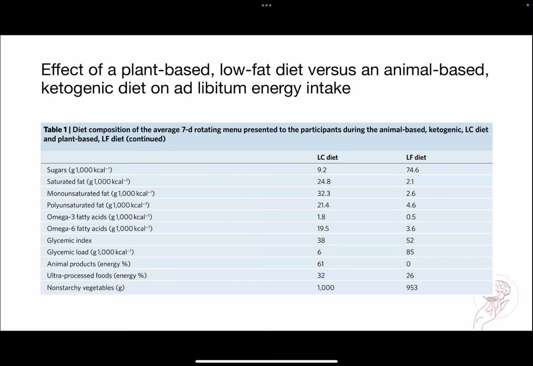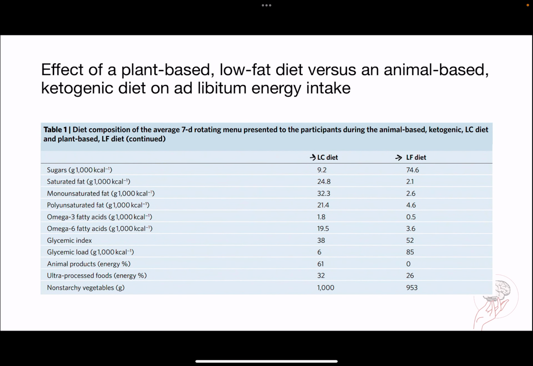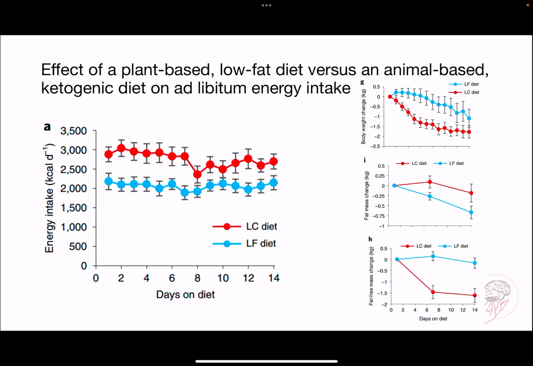So Kevin Hall's group did a very similar experiment again. They didn't call it reduced carb and reduced fat. They called it low carbohydrate and low fat. But the principle is the same. In fact, this is the data that you used in your abstracts. If you remember from your abstracts, we saw something similar.